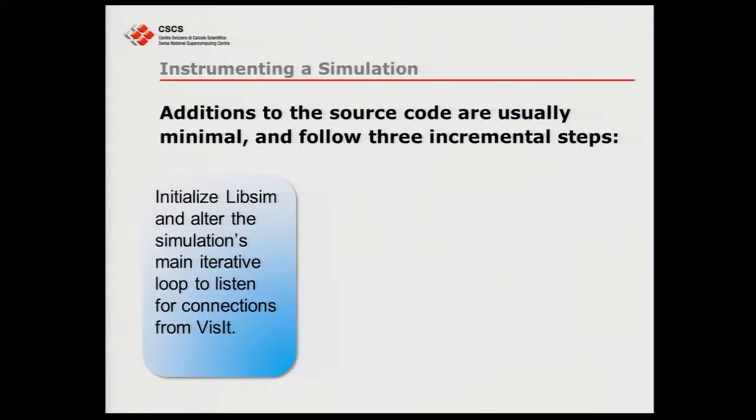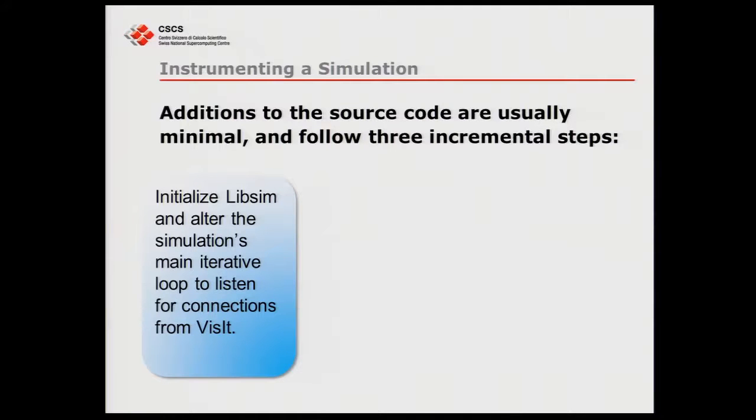We have to make sure there is an iterative loop somewhere. Otherwise, if your simulation is just one thing, maybe very long, and then it quits, there's no iteration, there's no chance for the visualization to connect to it.